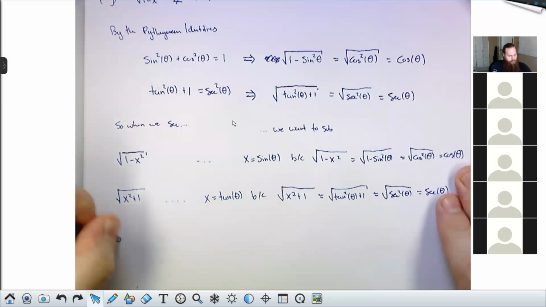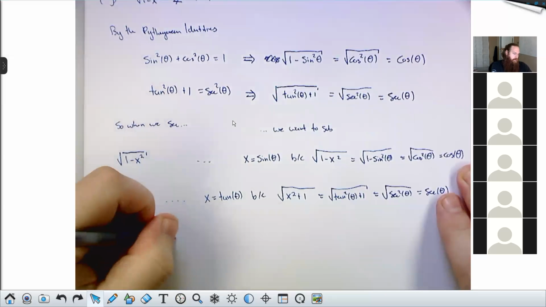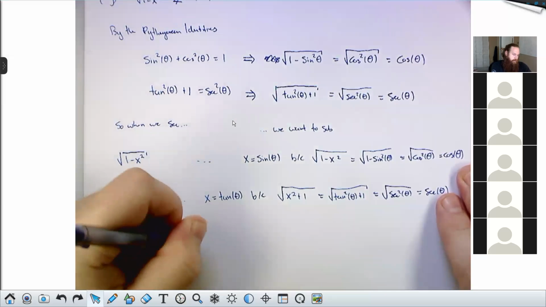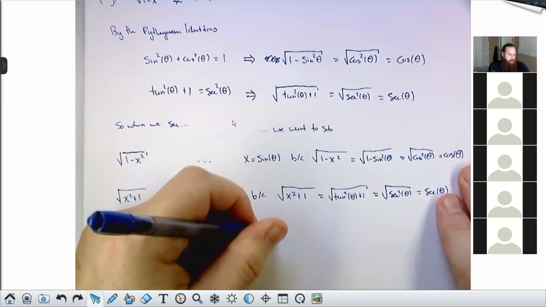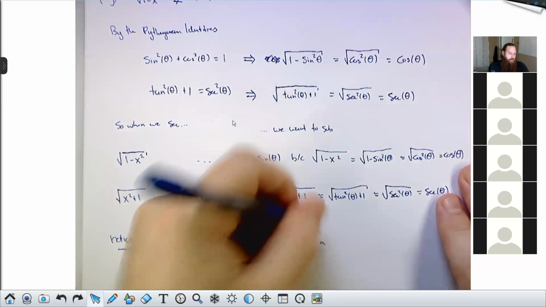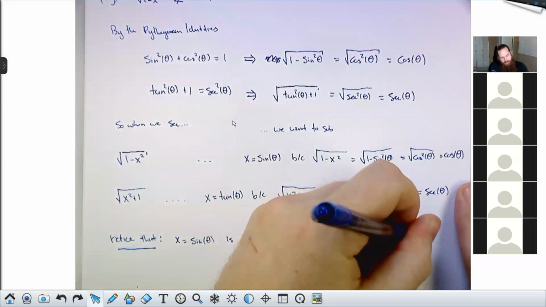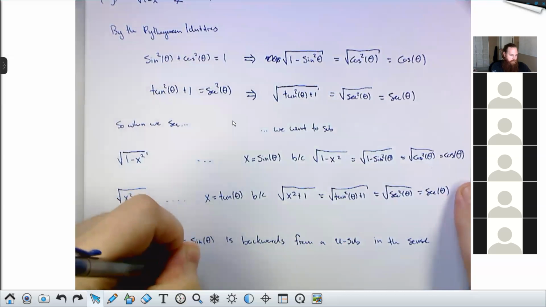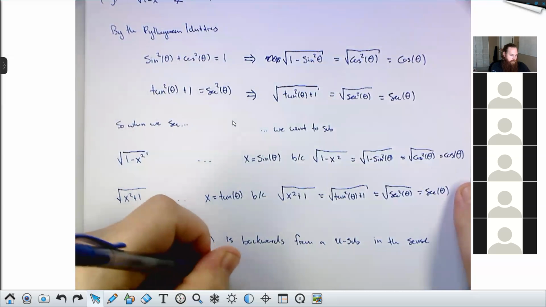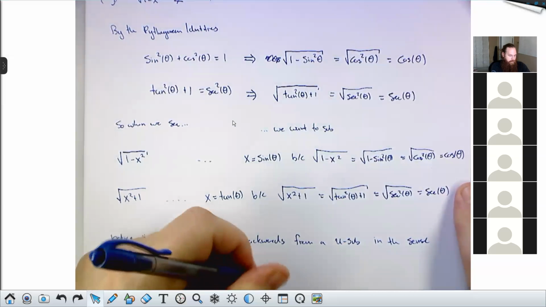Notice that x equals sine theta, for instance, is kind of backwards from a u sub, in the sense that my old variable is a function of my new variable, which is theta.